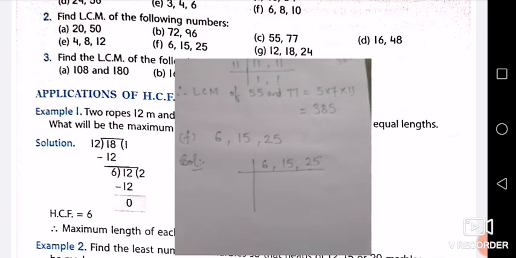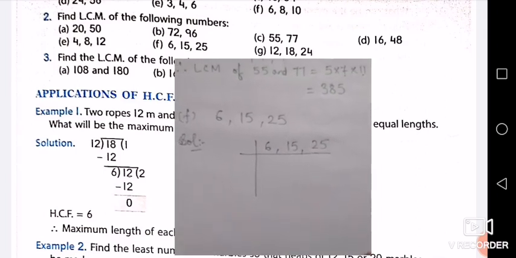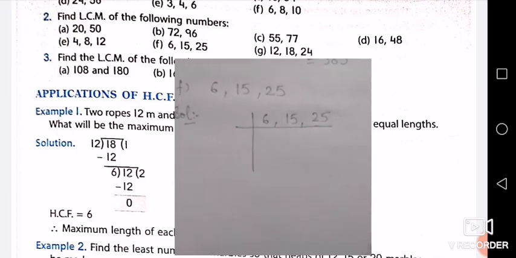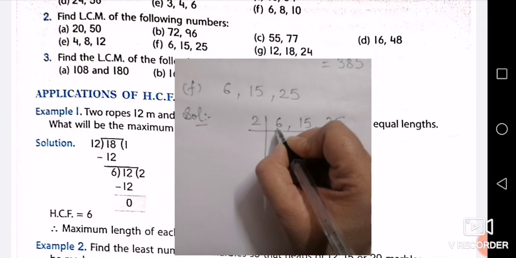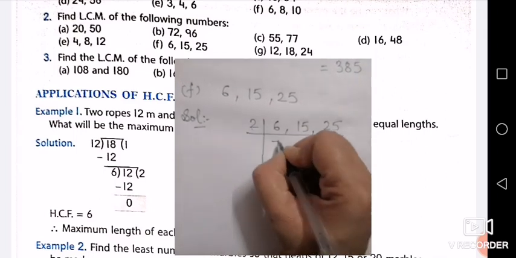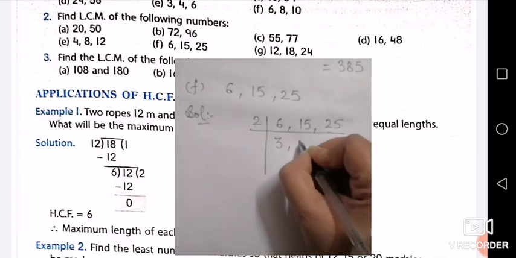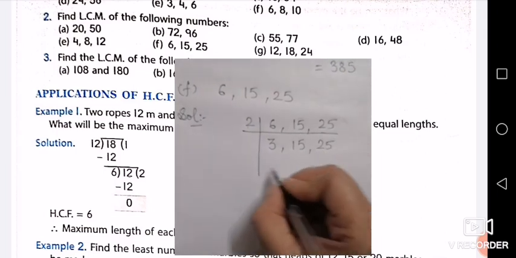As I told you earlier also, if a single number is divisible by 2, then also you have to take its first factor as 2. So here 6 is divisible by 2. So we will start with 2. 2 threes are 6. Then 15 and then 25.